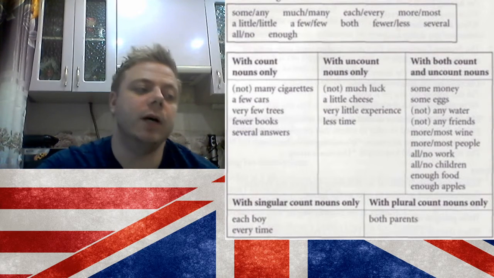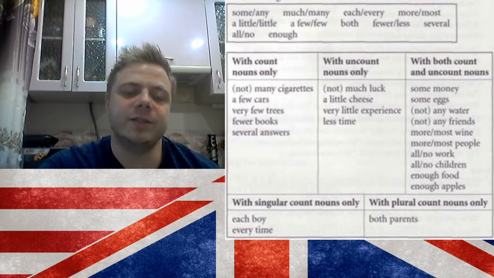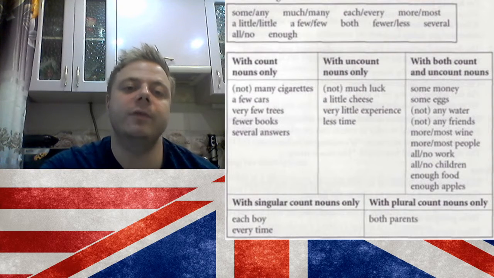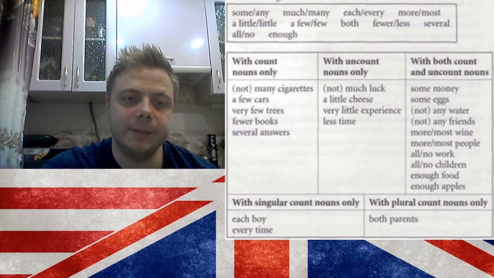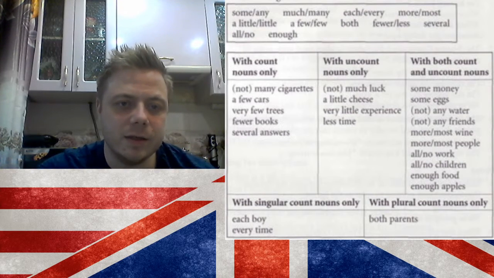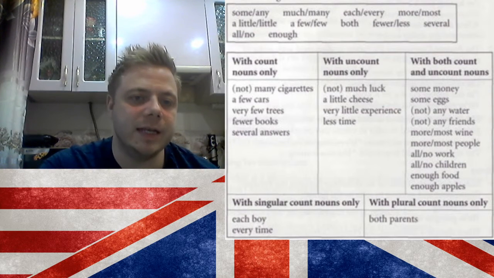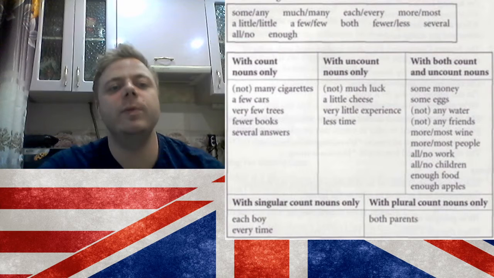Okay, so we find much and many in affirmative or positive sentences after so, as, and too, after those words, right? He has so much money that he doesn't know what to do with it. She hasn't got as many friends as I have. You make too many mistakes.